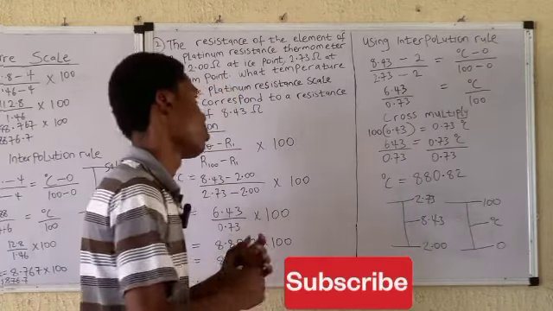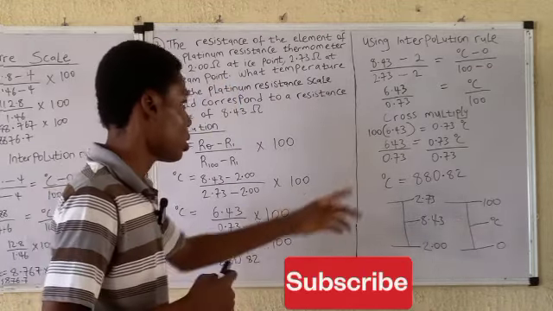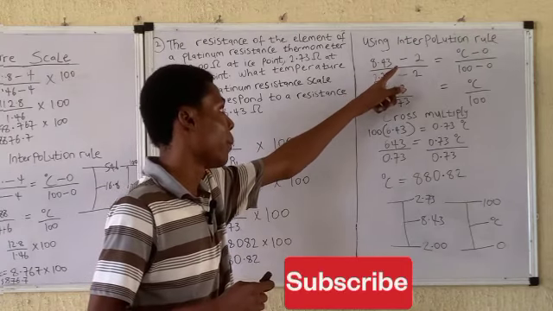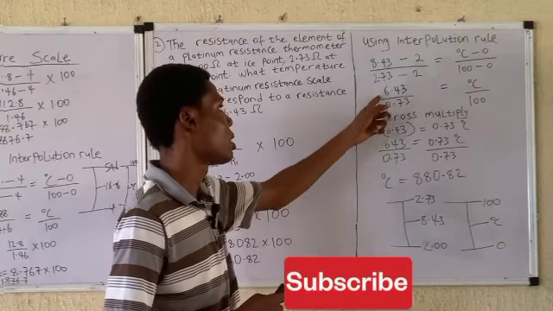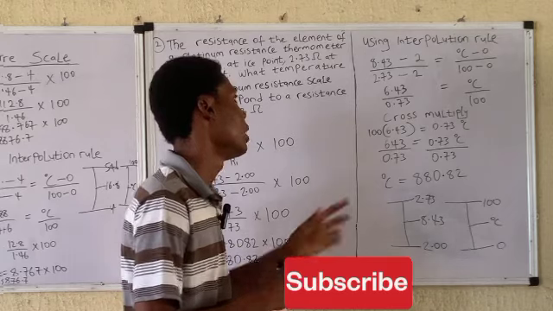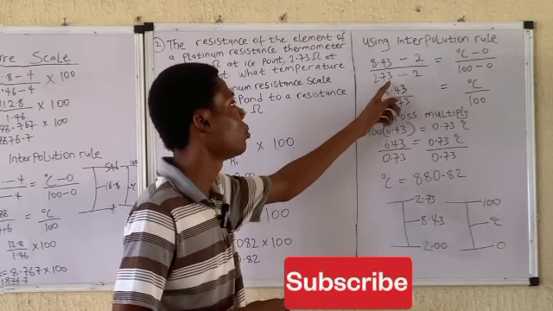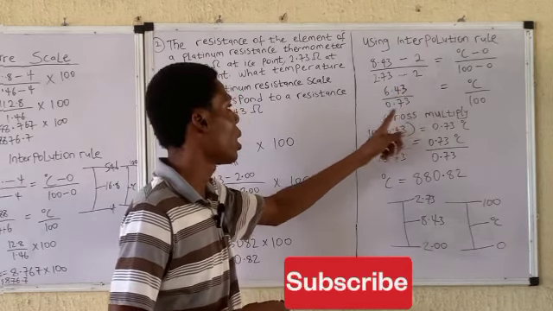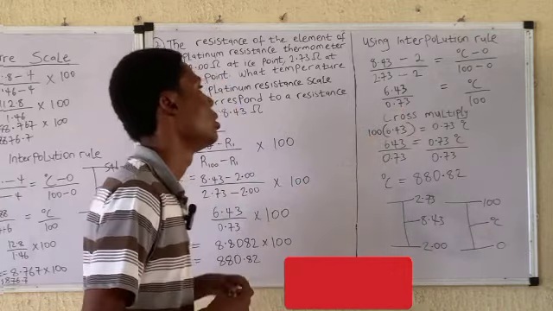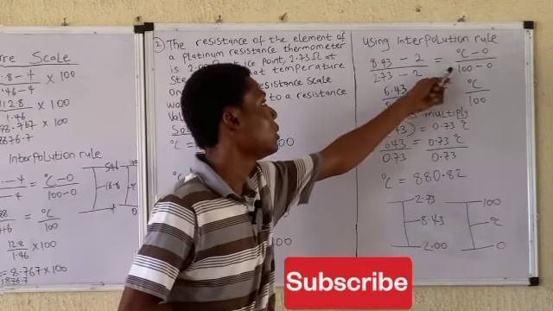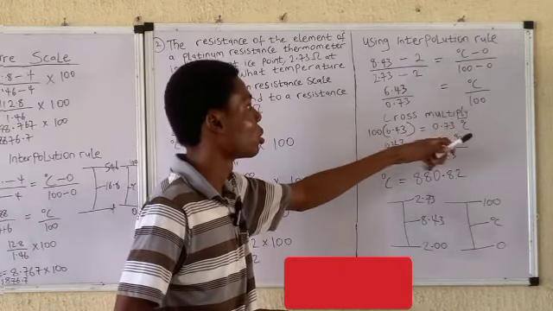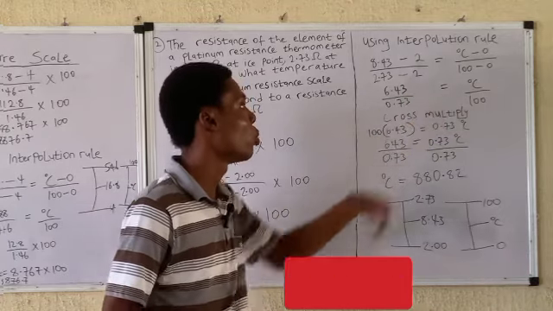Then we subtract. 8.43 minus 2, we have 6.43. Then over 2.73 minus 2, we have 0.73, equal to degree Celsius minus 0, we have degree Celsius. Then 100 minus 0, we have 100.